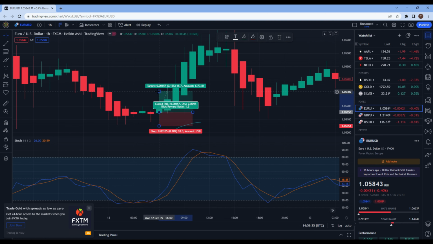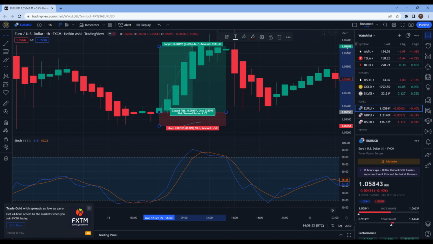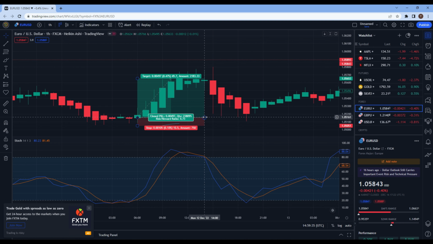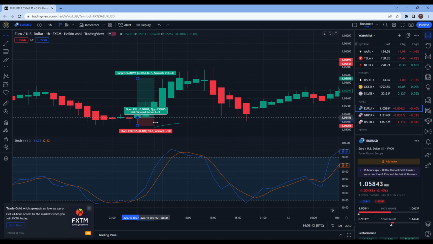You can hold the trade until the color changes to red. You can hold here and the profit goes on, and whenever you see the red candle here, the color changes, this is your next exit point if you are watching the trade. Okay, otherwise the 1.5 risk reward ratio is good enough. You can take the trade, put stop loss, put TP, and you can go for a walk, leave the screen. It's a good thing for you.